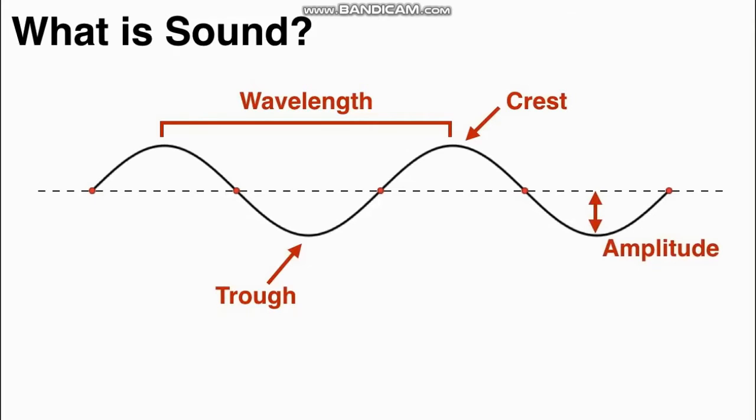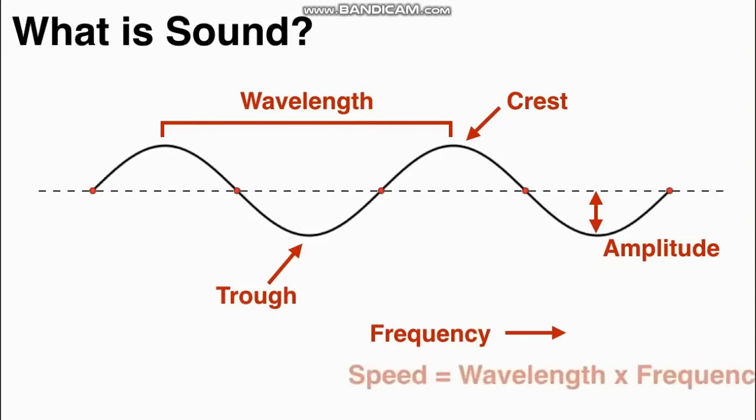They have a frequency, which is the number of waves that pass a fixed point per second. Also, they have speed, which is just wavelength times frequency, and they have a direction.